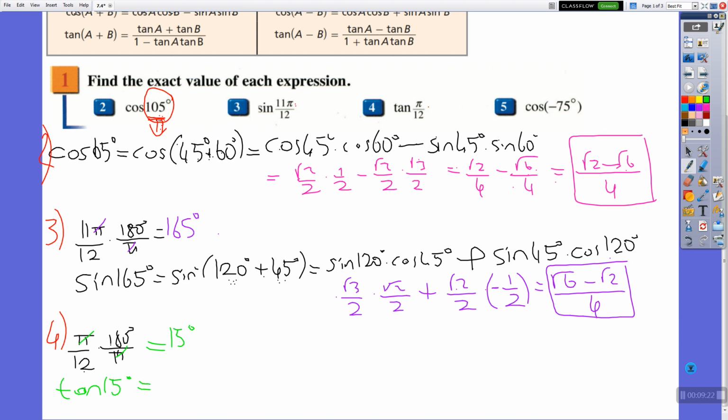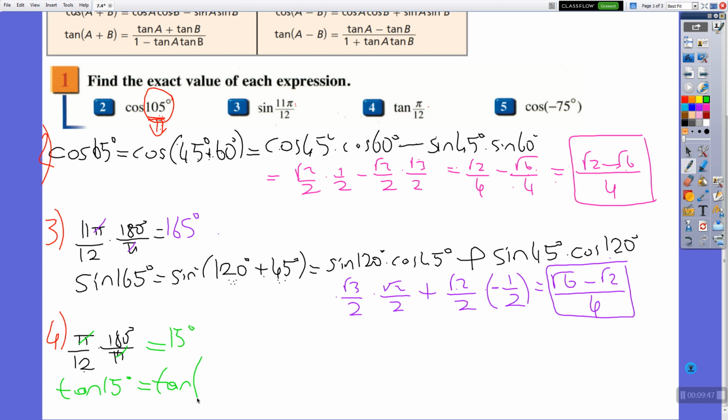So how am I going to think about 15? How can I write 15 in terms of two special angles? There are many ways of thinking about 15 in terms of two special angles.